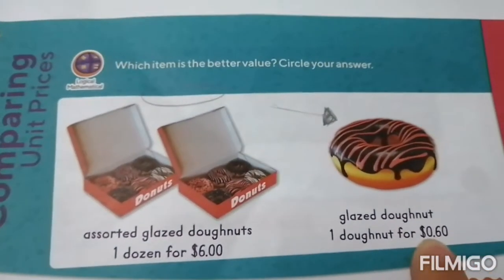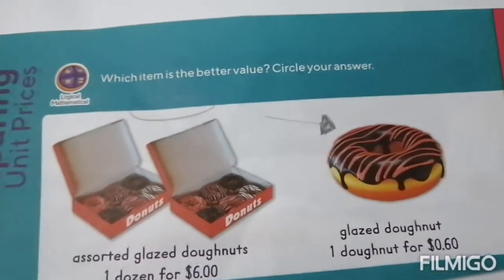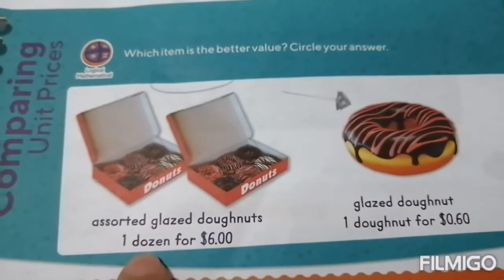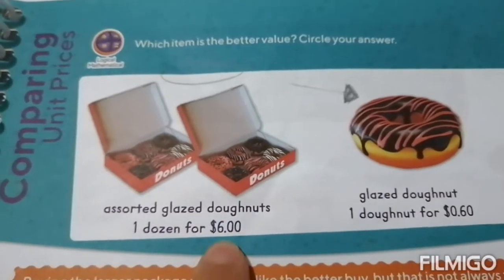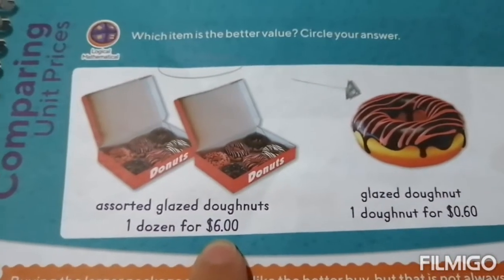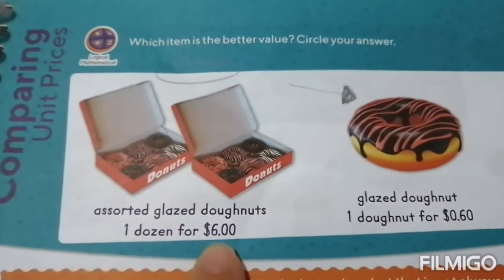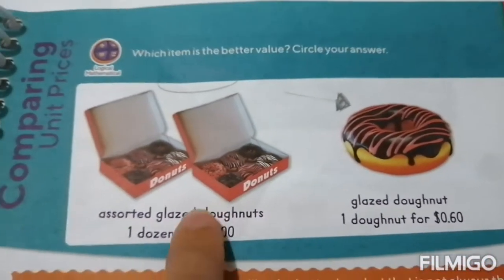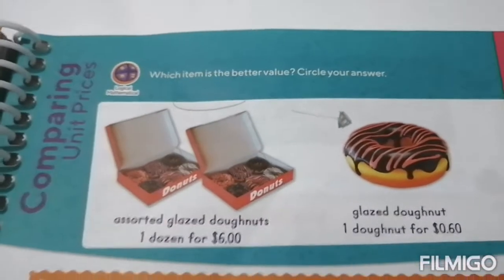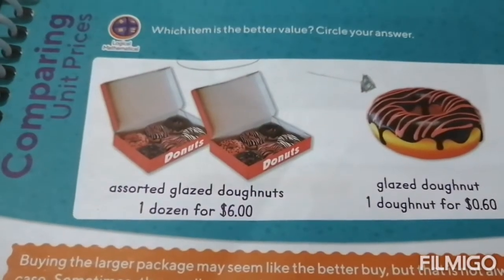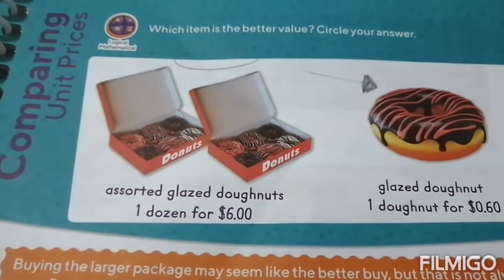If here the donut is 0.60, here it says that one dozen, that means 12 donuts, is $6. Your goal here is to divide $6 by 12. What are you going to get? Well, in this case, you get $0.5.